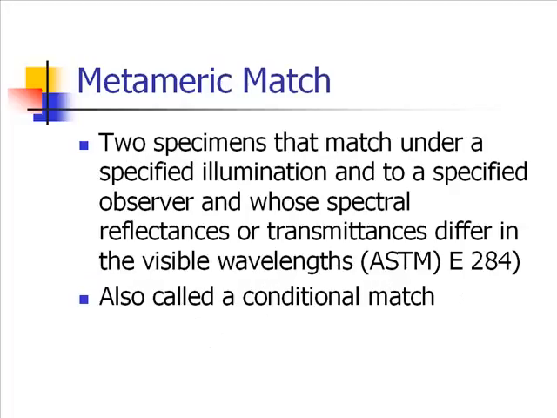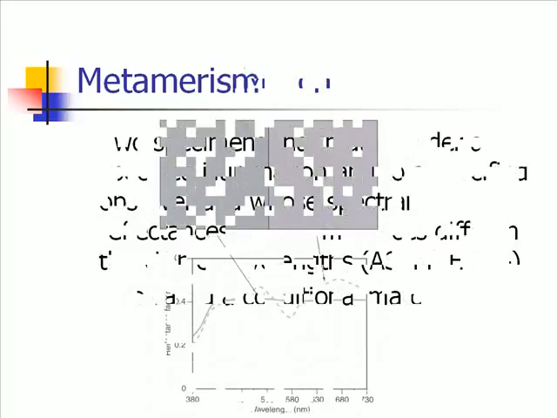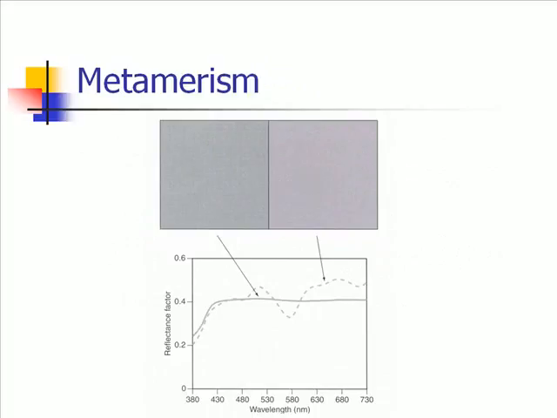But these are two different grays that have two different curves. It shows this one has more of the straight curve, that one is more of the curvy curve. And under some conditions of light, those two colors will look the same, but in other light sources, they'll look different. That's what we define as metamerism.